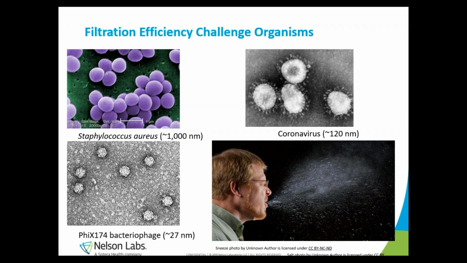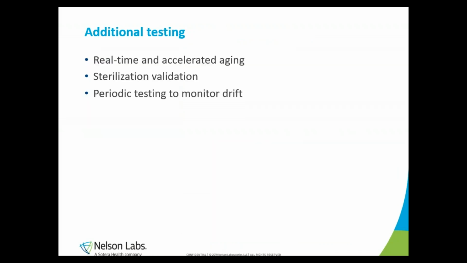So in spite of the very tiny size of the challenge organisms, we challenge with a 3 micron median size in the bacterial and viral filtration efficiency testing to mimic the droplets that you might see from a cough or a sneeze.